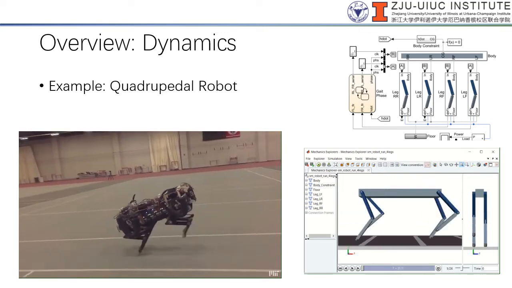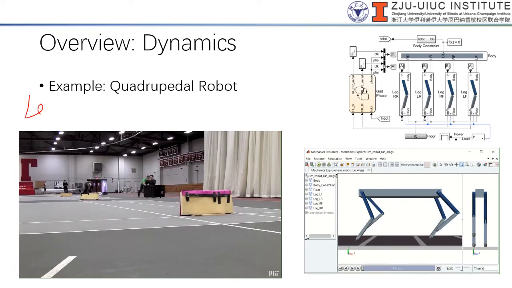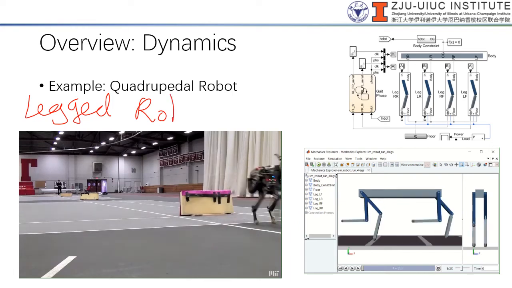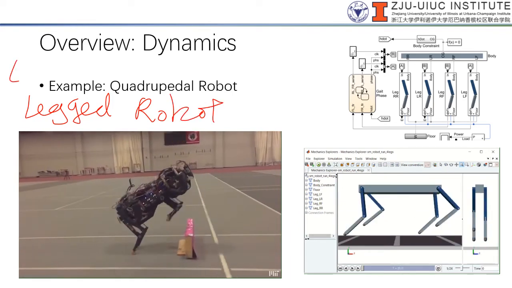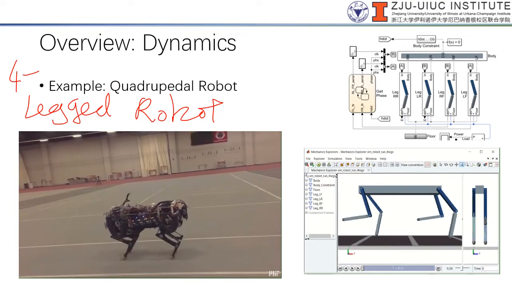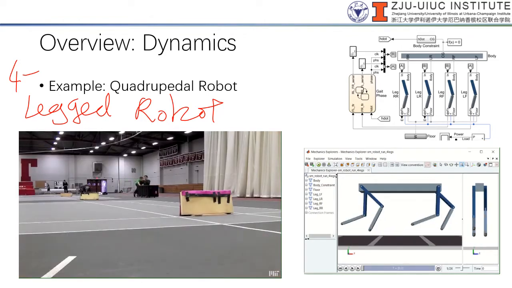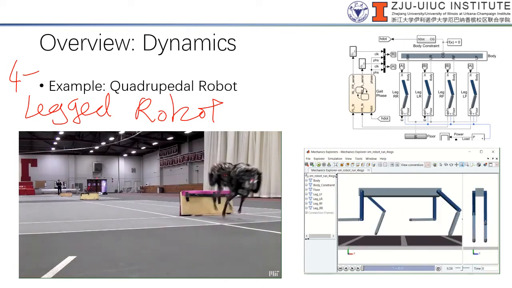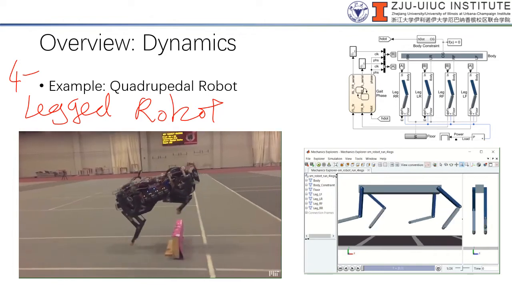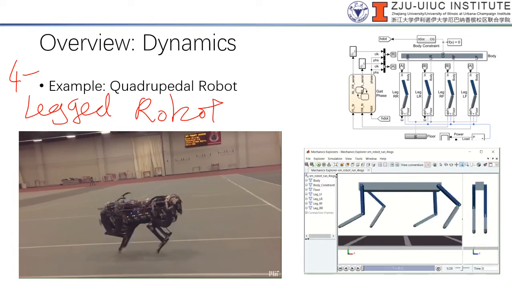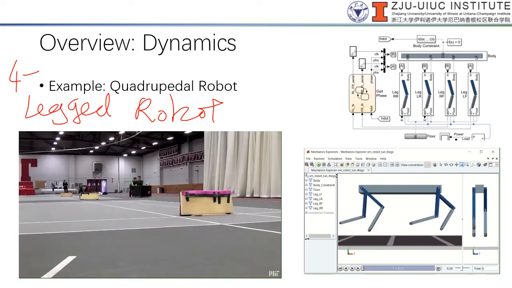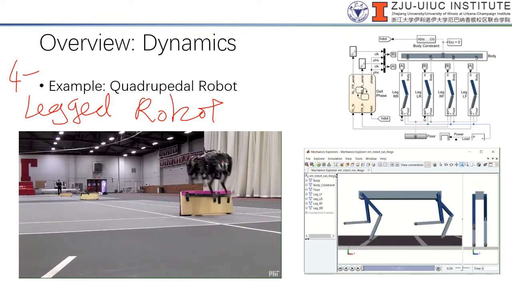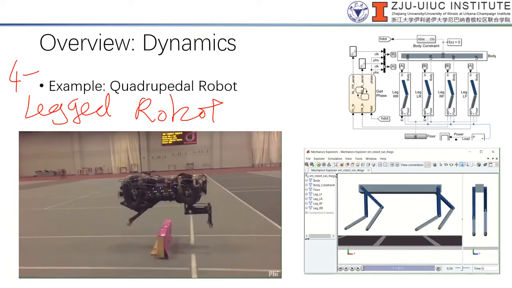And in this case, what you see is actually a legged robot. It is a four-legged robot, or quadrupedal robot. There's a lot of dynamics involved in it, but a cheetah or other animal that can run like this does not necessarily need to have the knowledge to do this kind of dynamic computation, yet they can execute it in a very graceful manner.